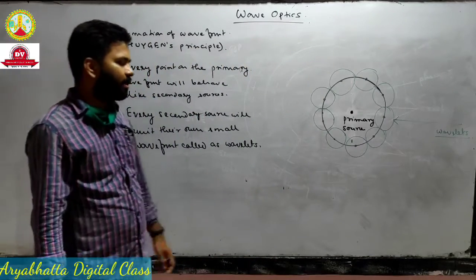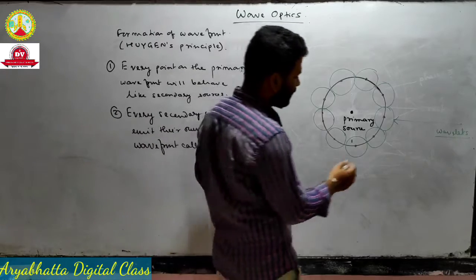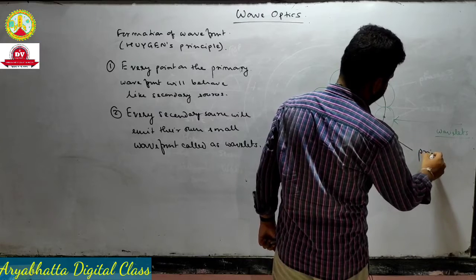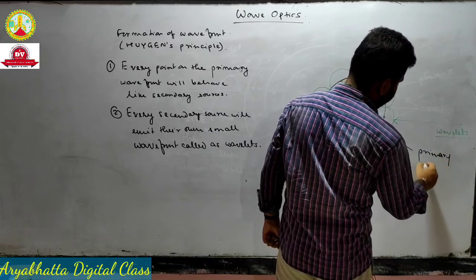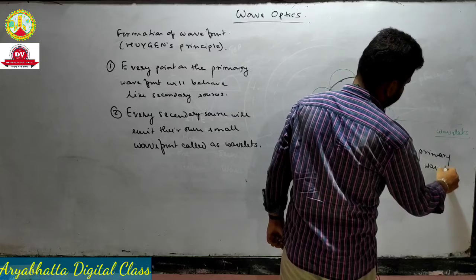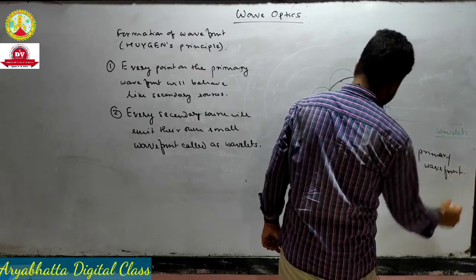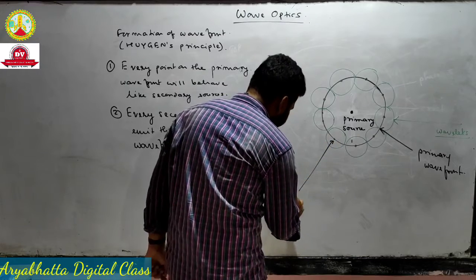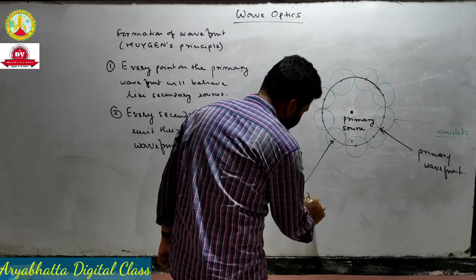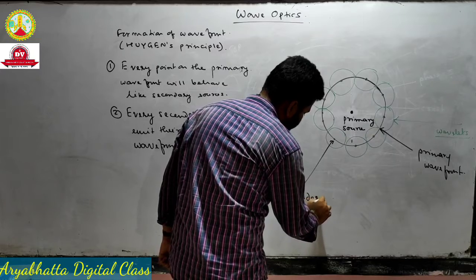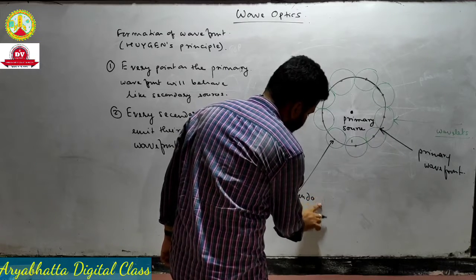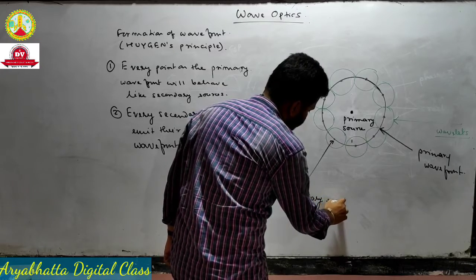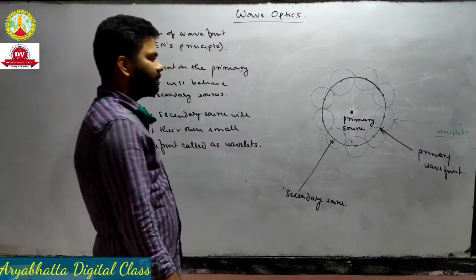Done. Now the black colored one is known as the primary wavefront. Okay. This is known as the secondary source. Okay.